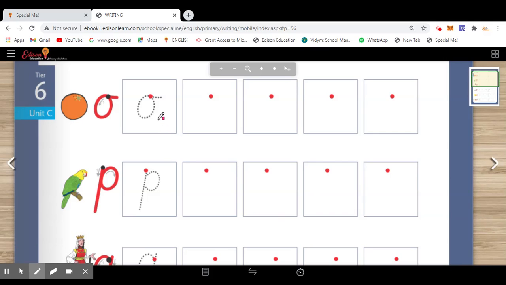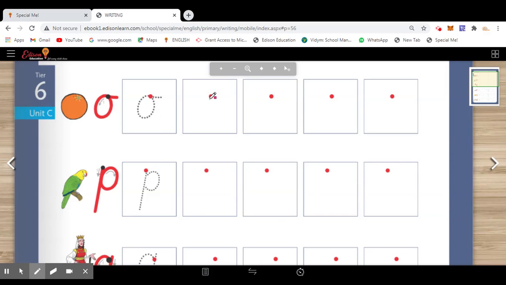So now students, first of all, you have to trace letter O by joining the dots very neatly and beautifully. And from rest of the dots, you have to make letter O by your own.